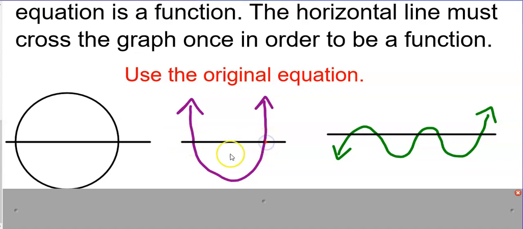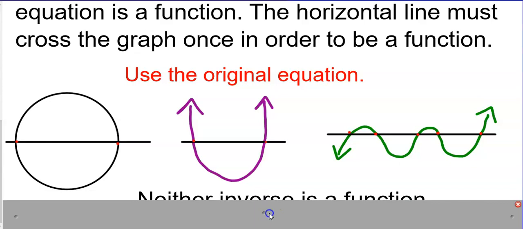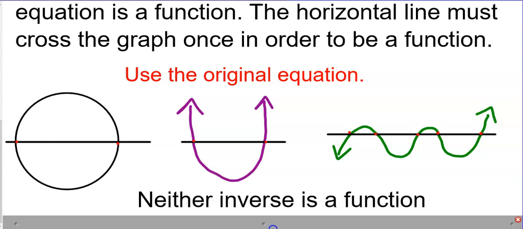That means it is not what we need. These are not functions because they hit multiple spots on the same graph. Especially here, this hits 1, 2, 3, 4, and 5. Because it hits in multiple spots, when we find the inverse it will be just an inverse equation and not an inverse function.